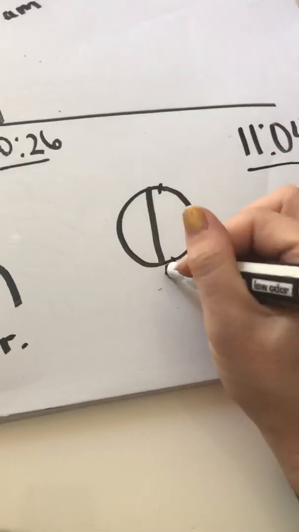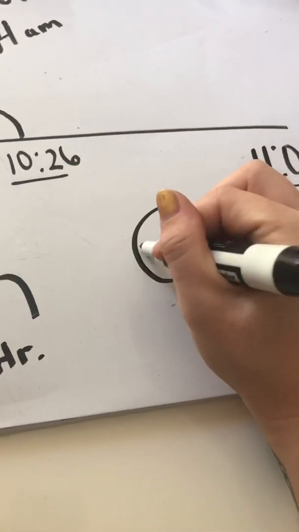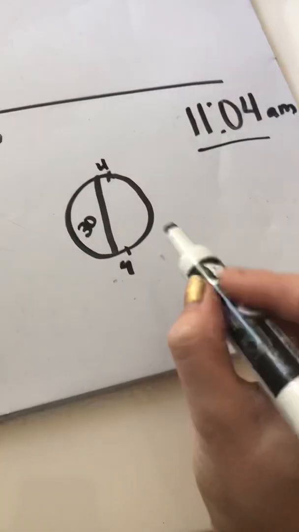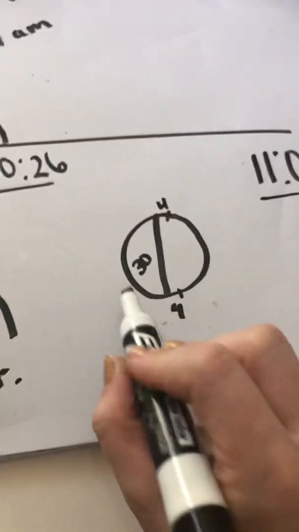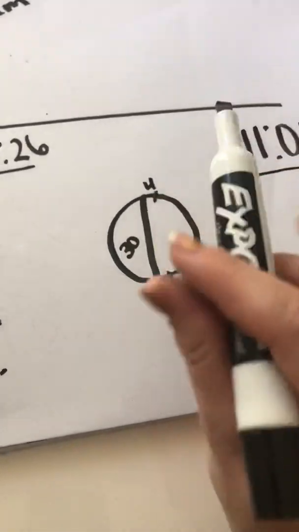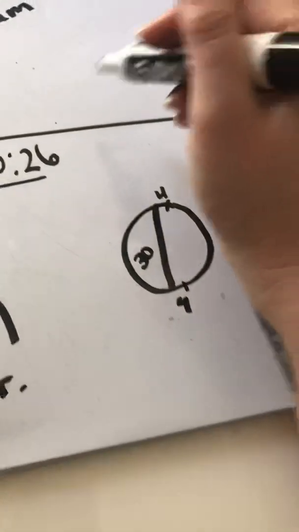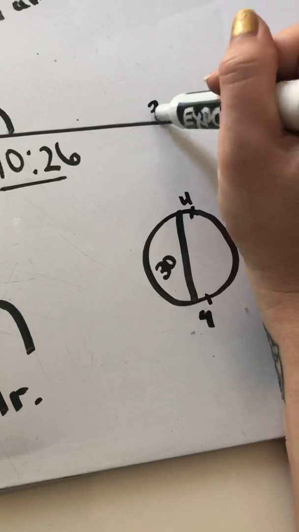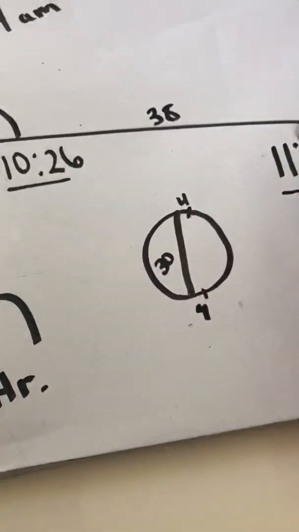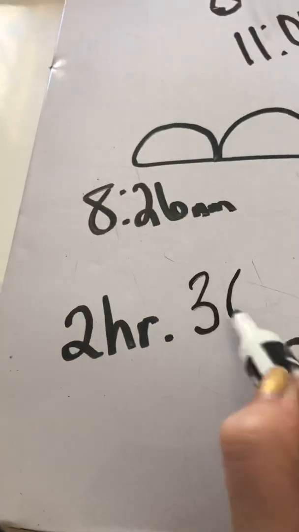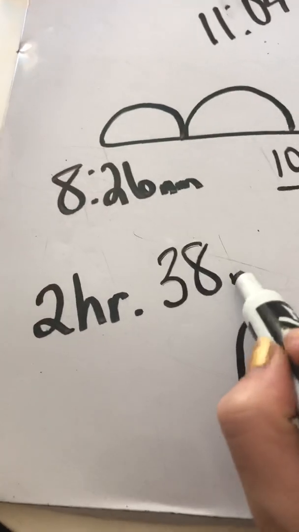So I have 4 minutes here. And then I have 30 minutes here. And then 11:04, I add 4 more minutes. So I'm going to do 4 plus 30, which is 34, plus 4 more is 38. So there are 38 minutes between here. So 2 hours and 38 minutes.